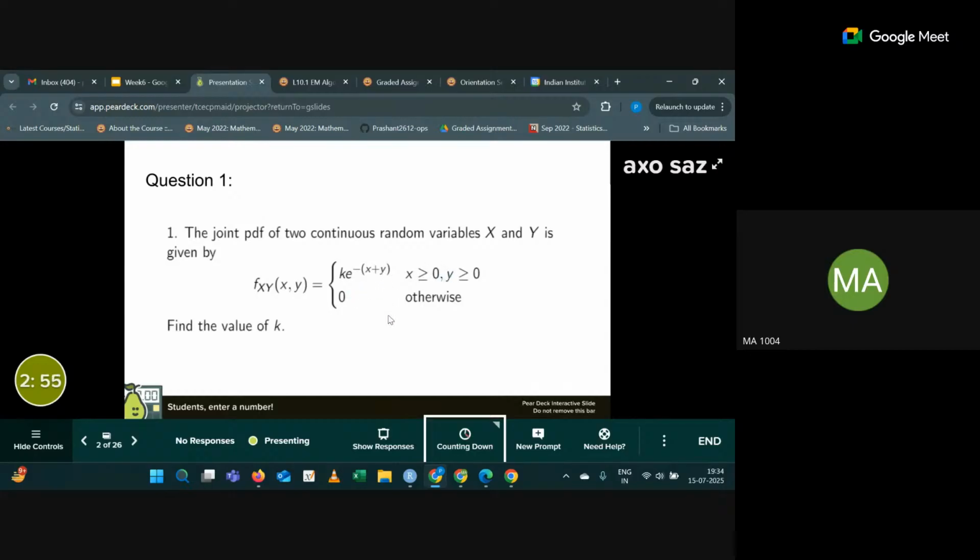So just do the 2D integration from 0 to infinity, 0 to infinity, equate it to 1, and you will get the answer. I have allotted 3 minutes. Try to solve it and let me know whether you are getting it or not.